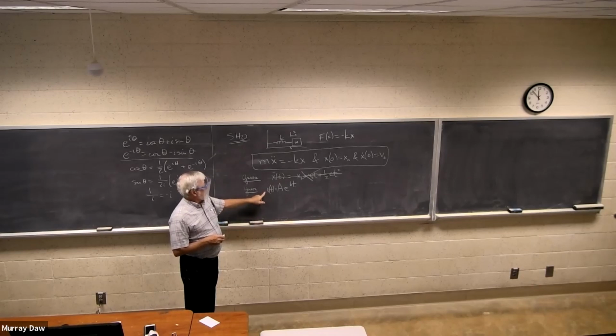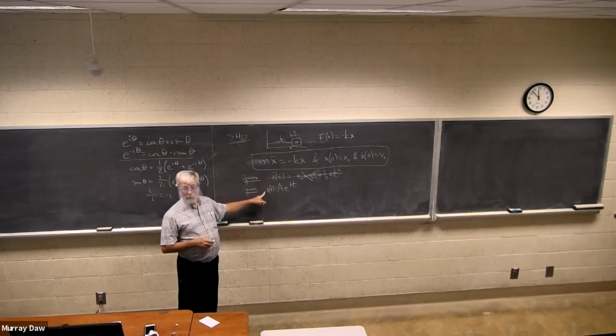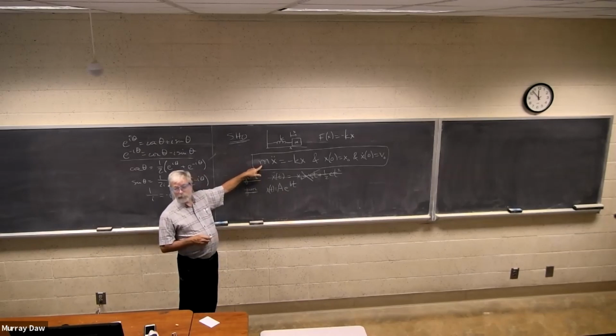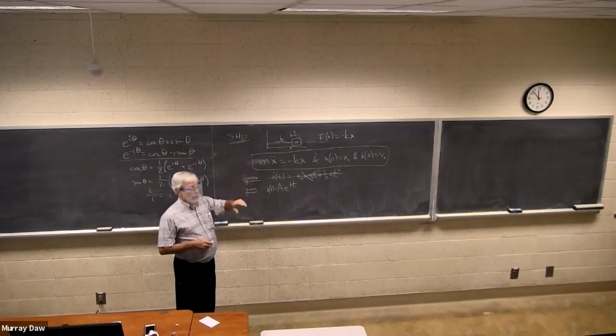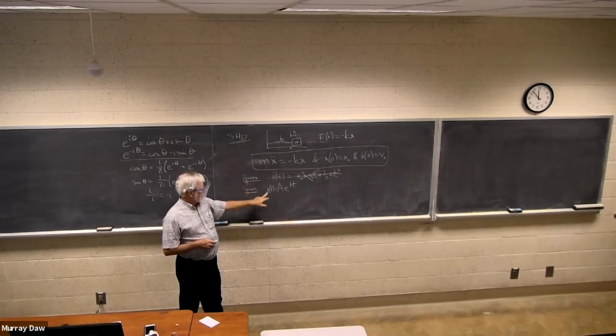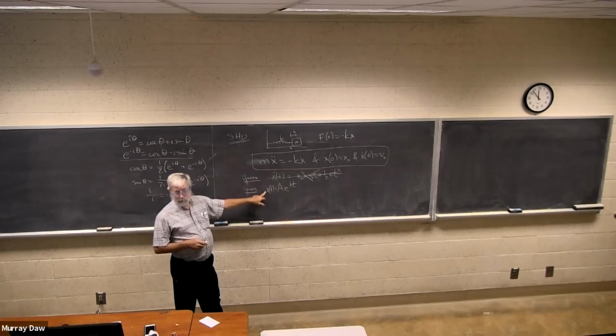But more importantly, before we get to that, let's substitute this into the differential equation. I need to take two derivatives, because I need x of t on the right-hand side and x double dot on the left-hand side.